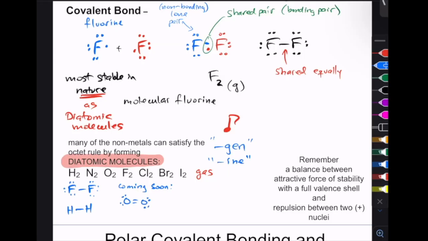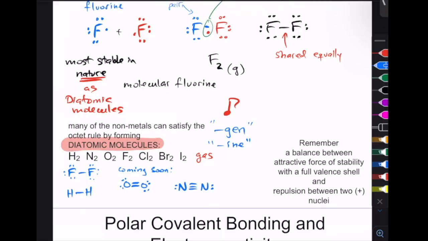But notice that by putting that double bond in here, each oxygen is still associated with 8 valence electrons. 2 lone pairs, so that gives you 4, and then 2 shared pairs, that gives you the other 4. When we start building molecular nitrogen, you're going to find that it's got a triple bond in there. Each nitrogen has 1 lone pair and is involved with 3 shared pairs, okay?